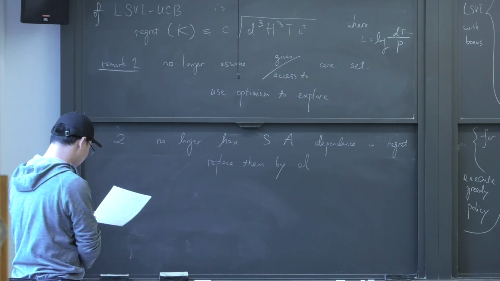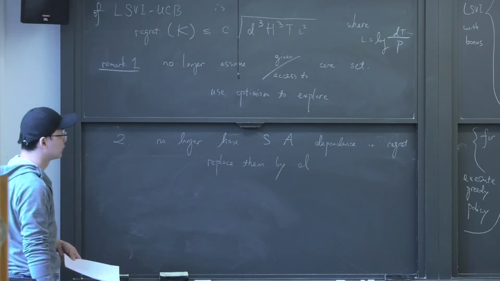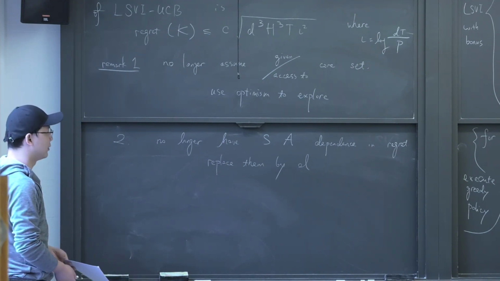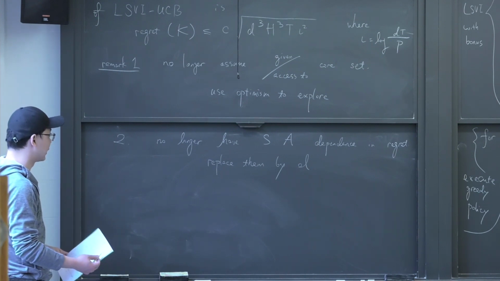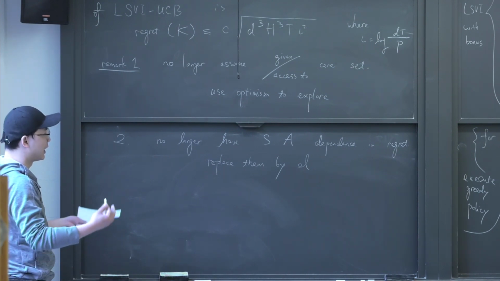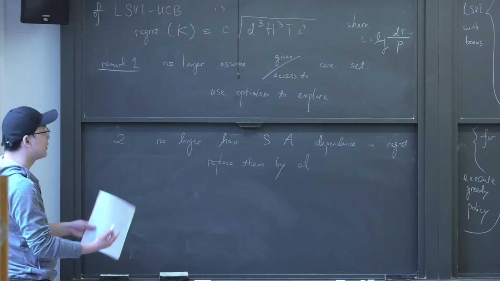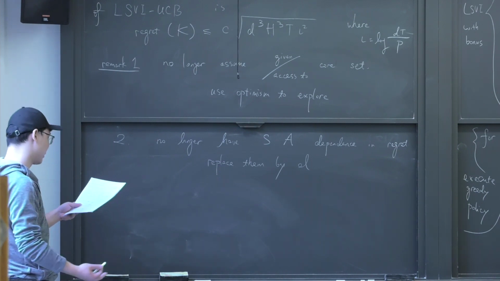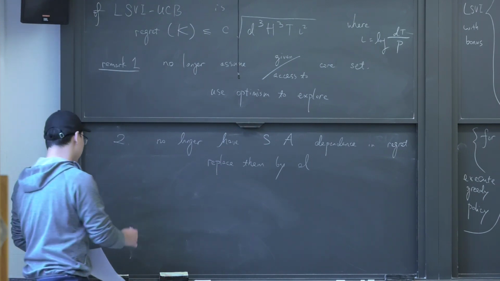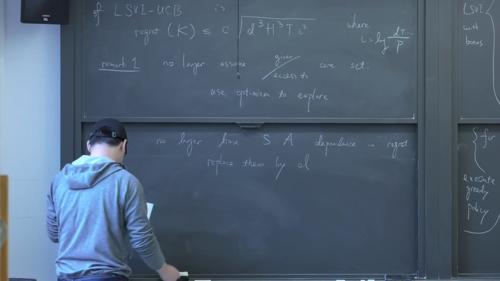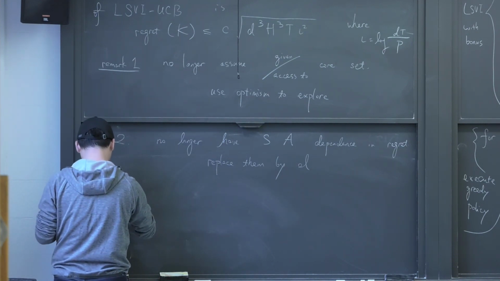So the proof is a lot more involved. You can imagine it's basically a combination of upper confidence bounds and the least square value iteration and some exploration like regret analysis. So we'll leave it to the previous paper.